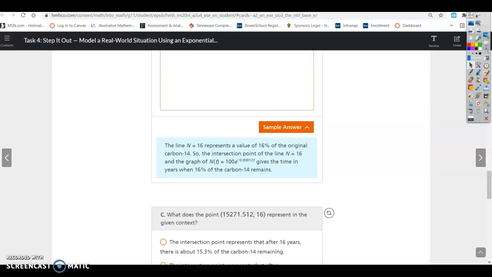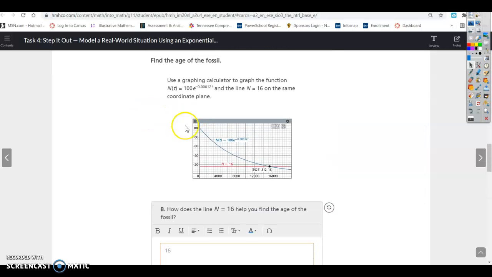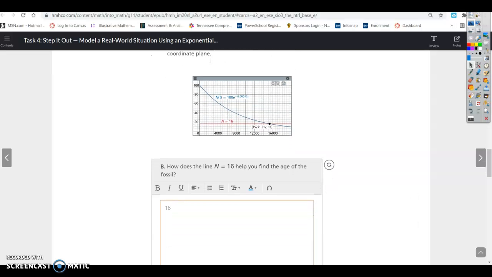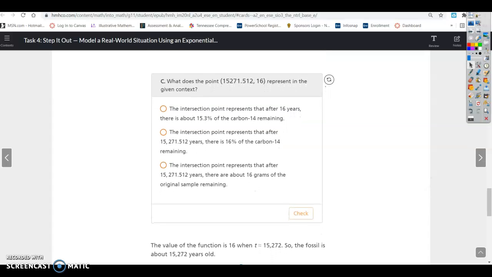So the intersection point of n equals 16 and the graph n of t gives the time in years when 16% of the carbon-14 remains. So this is your function, and then this is n equals 16, and you can see the intersection point here. What does the point 15,271 and 16 represent in the given context?